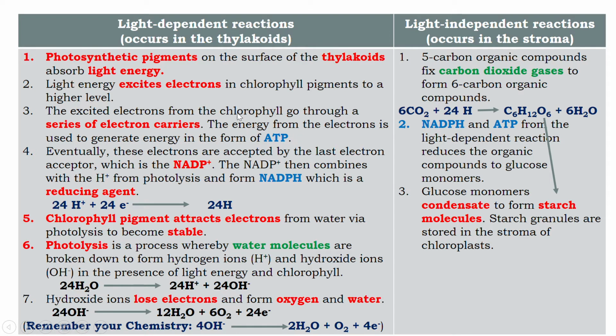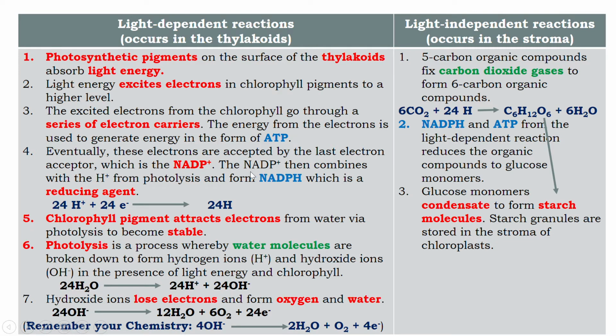So that means chemical energy. So eventually, these electrons are accepted by the last electron acceptor, NADP+. Okay, electron acceptor. In other words, this is a type of oxidizing agent. It will be reduced. Itself will be reduced.